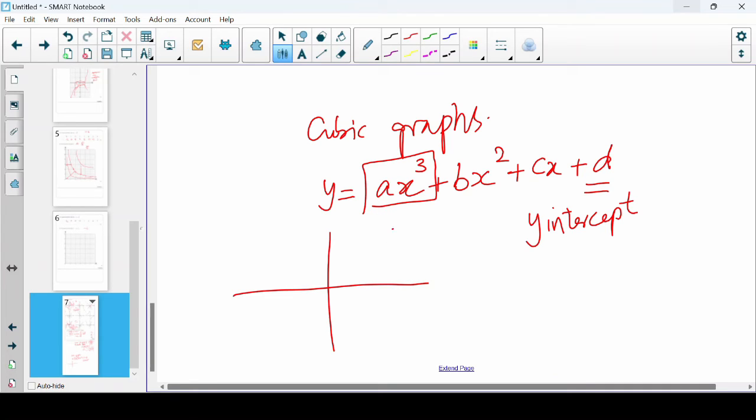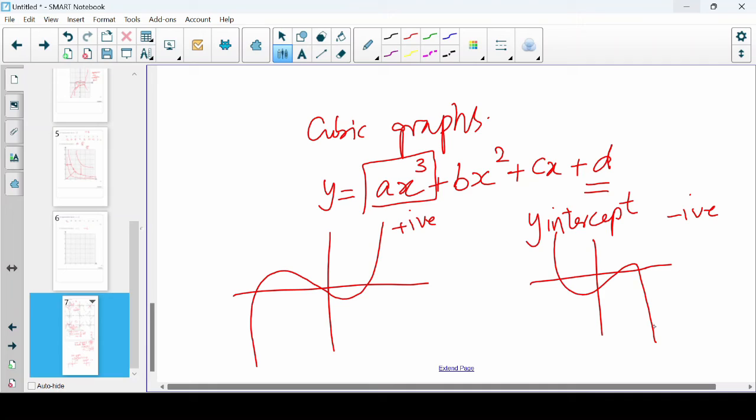If it's a positive ax cubed, then the graph would be like this, and if it's a negative ax cubed value, it would be like this. So these are the means through which you can recognize different types of graphs.